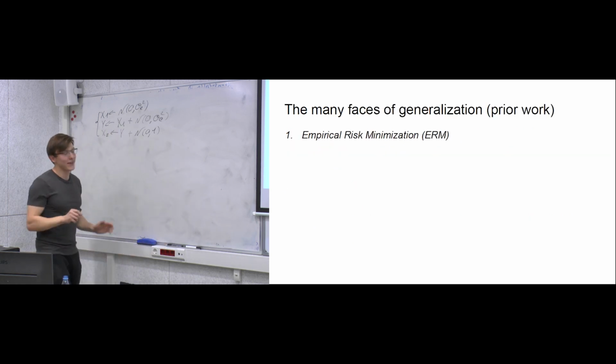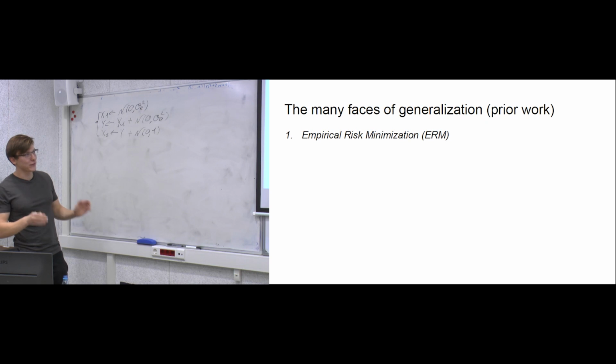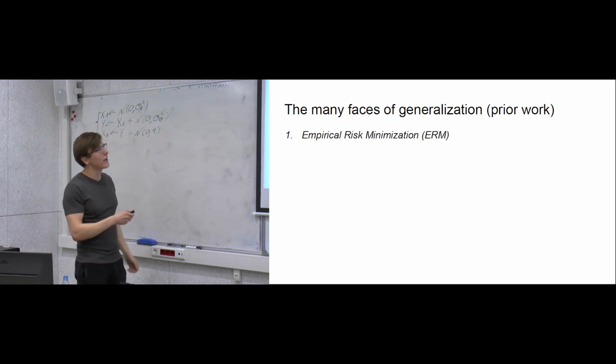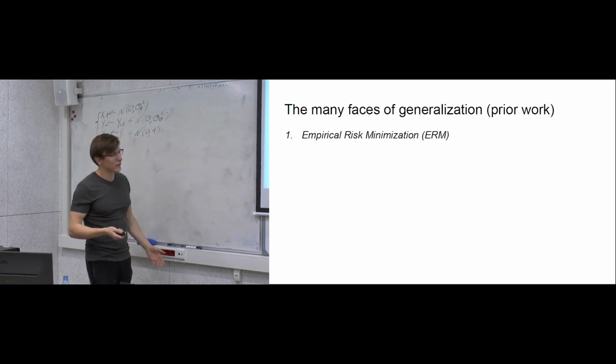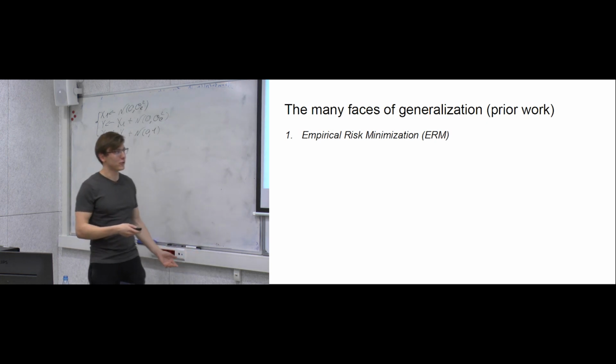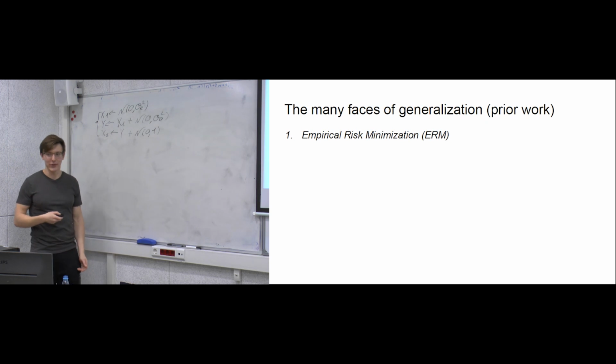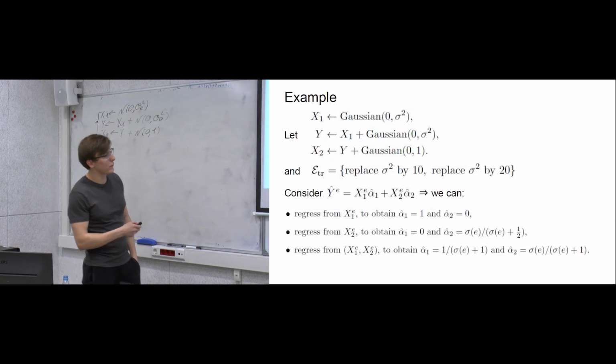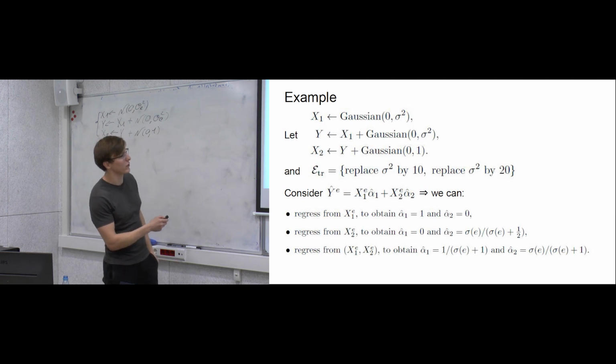So okay. Now, about how we can solve the problem of generalization, or prior work. The first one is simple empirical risk minimization, right? But it doesn't work in our example because for empirical risk minimization, we have training environments with very high noise with the variable x1. So our empirical risk will promote correlations with x2.